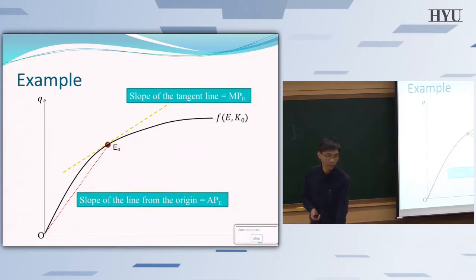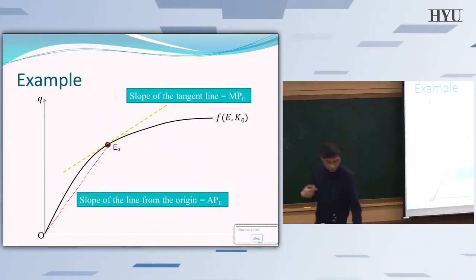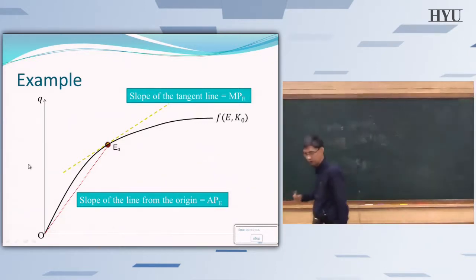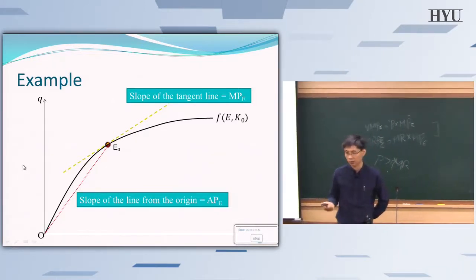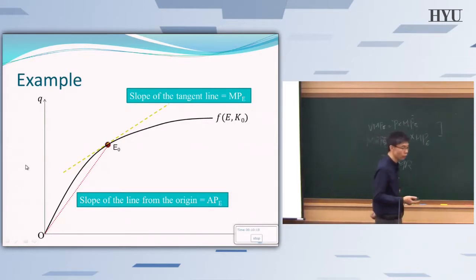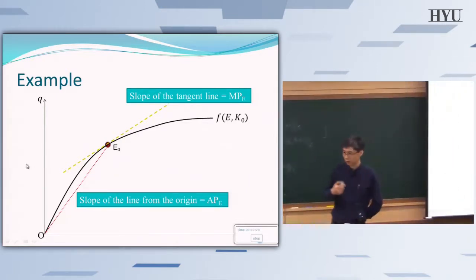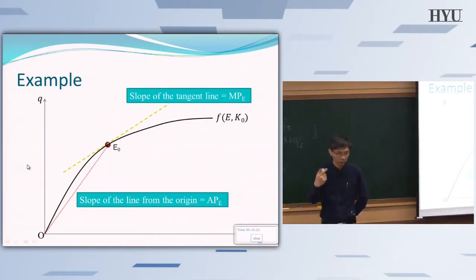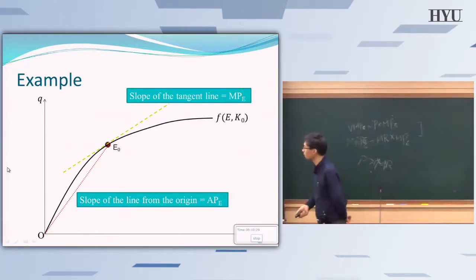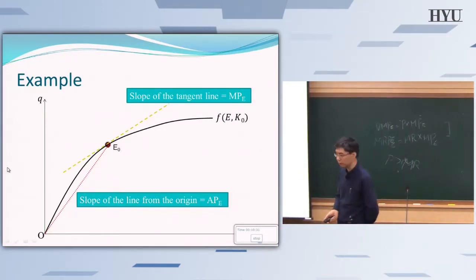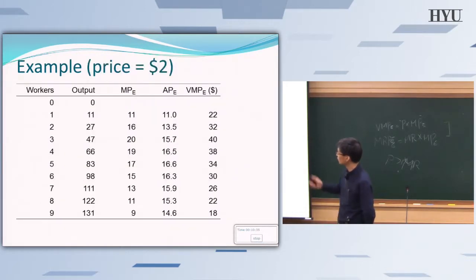I'm going a bit quickly because I assume that you have already studied this in microeconomics, but if you're not sure, then look at the textbook. The textbook is much slower and gives very basic concepts in much more detail. So read it. For example, we can have an example, but I will skip the example.